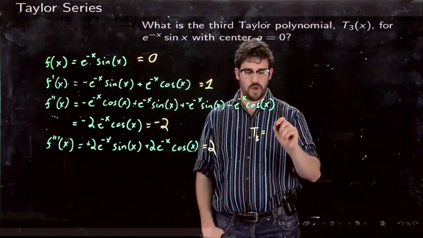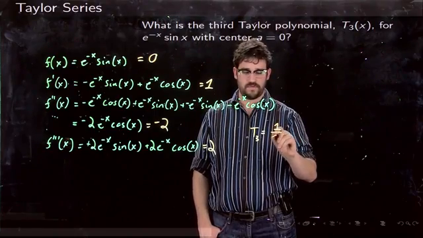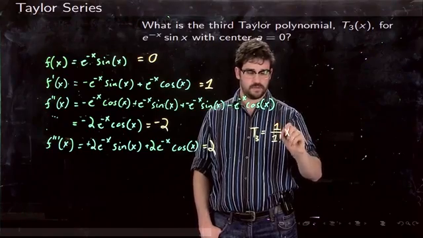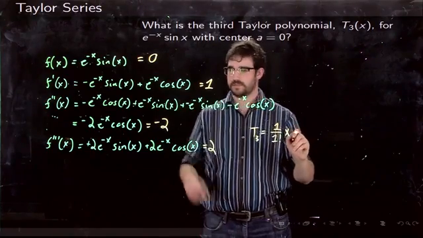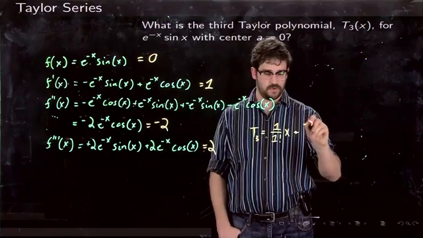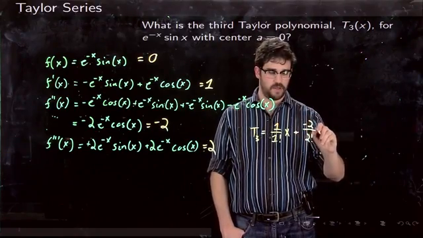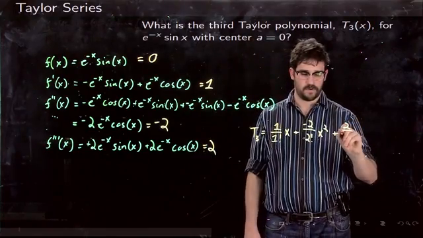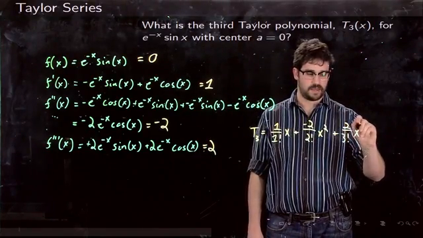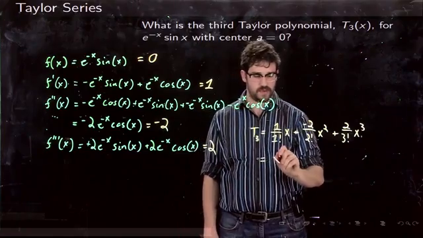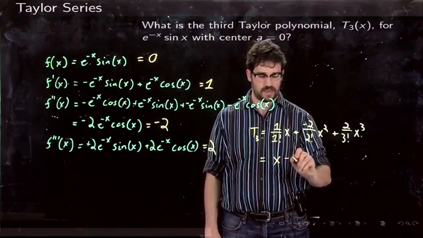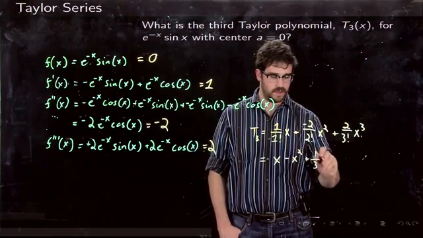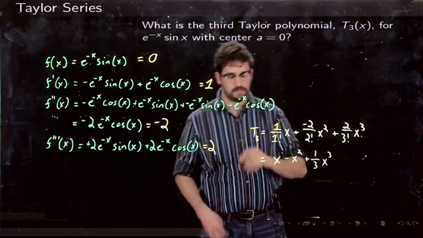Then we'll have 1 over 1 factorial x to the first plus -2 over 2 factorial x squared plus 2 over 3 factorial x cubed, which is simplified to x minus x squared plus 1/3 x cubed. And that would be T3.